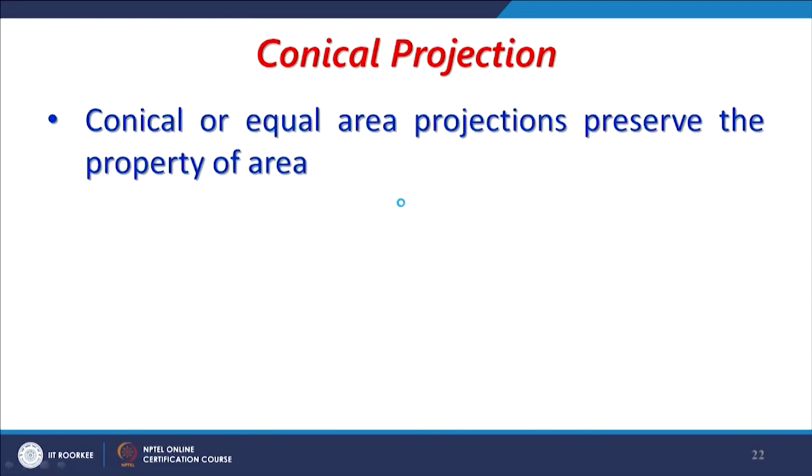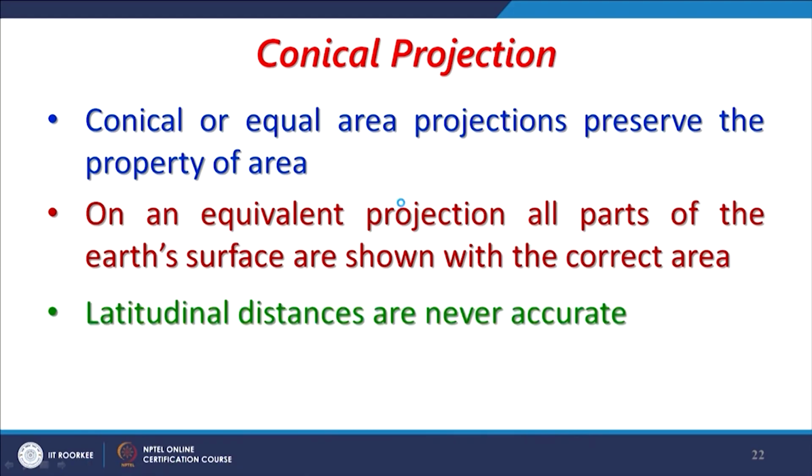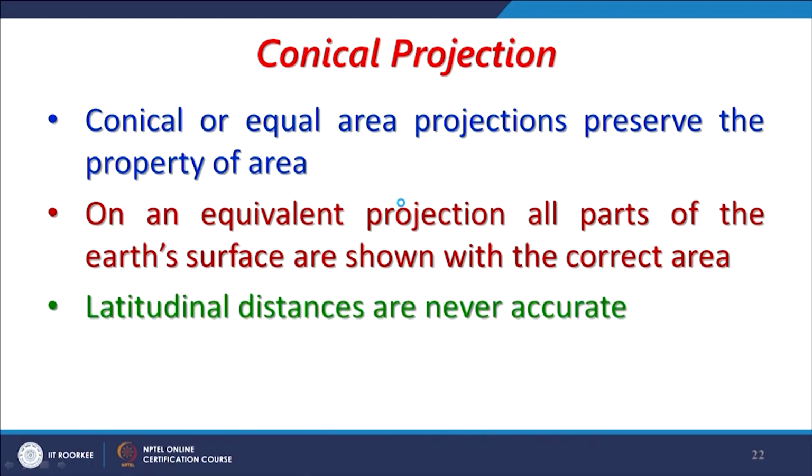So, in conical projections or equal area projections, the property of area is preserved, and in the equivalent projection all parts of the earth's surface are shown with correct area. So, area is preserved here. In the previous example, direction is preserved, and latitudinal distances are never accurate.